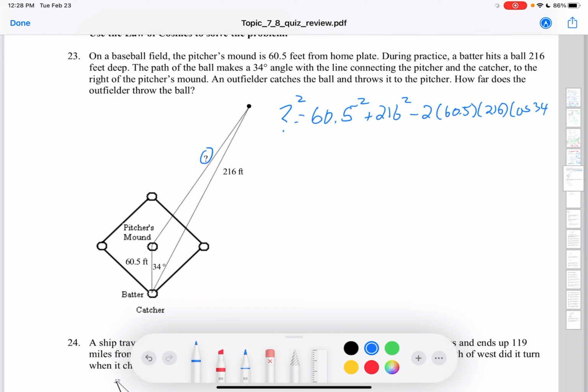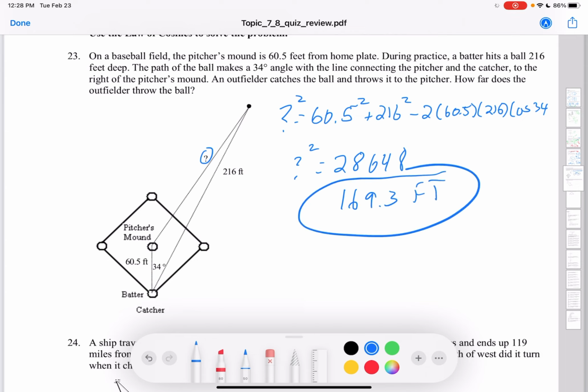Just punch it in how you see it. So that's question mark squared equals 28,648-ish. Take the square root of that, and you get about 169.3 feet traveled.